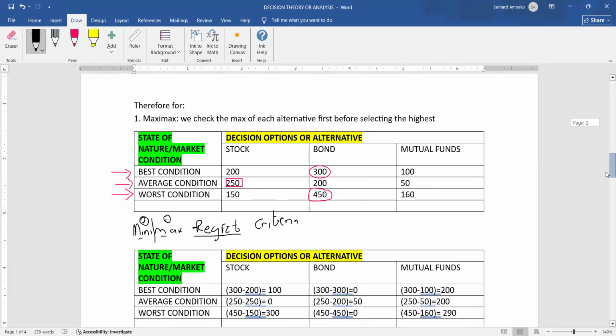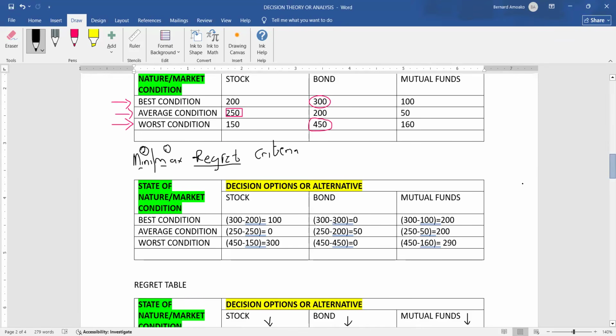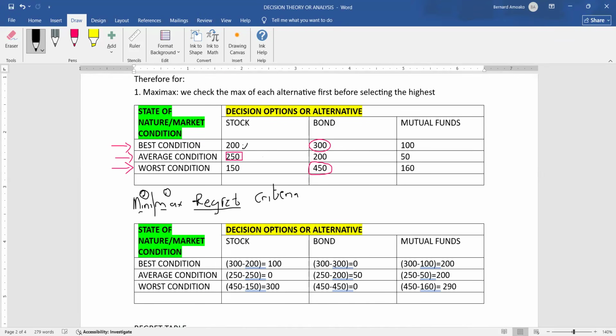So the maximum payoff I selected, which was 300, minus the payoff at that level, which is 200. The payoff at this level was 200, the maximum value selected at that level is 300. So the maximum value minus the payoff at that level will give me my regrets.